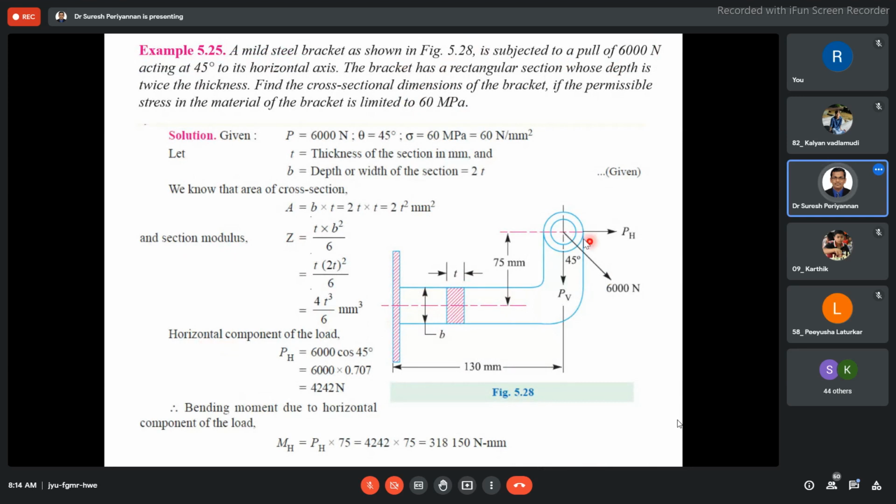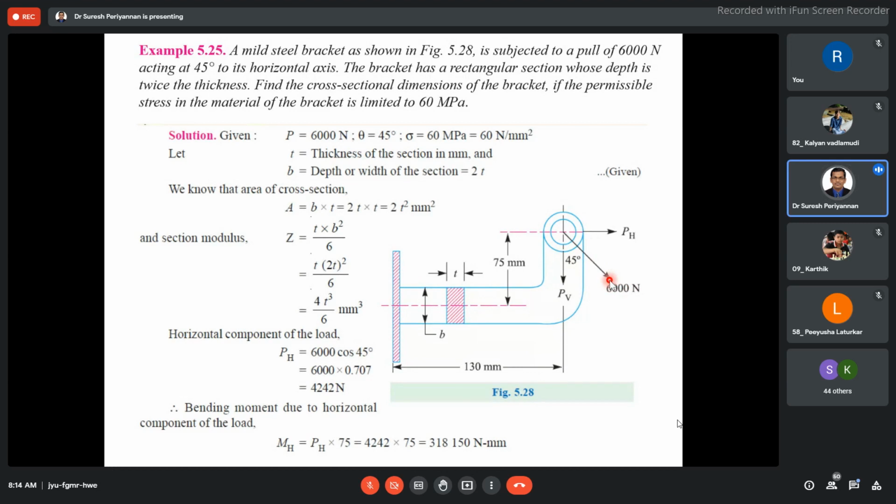Now here the load is acting at a 45-degree angle of orientation on the top side of the bracket. This resultant load, 6000 Newton, can be resolved into two components, one vertical component and the other horizontal component. When the load is acting at an angle, obviously there will be two components.